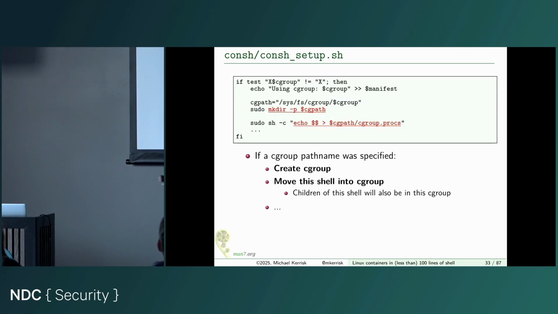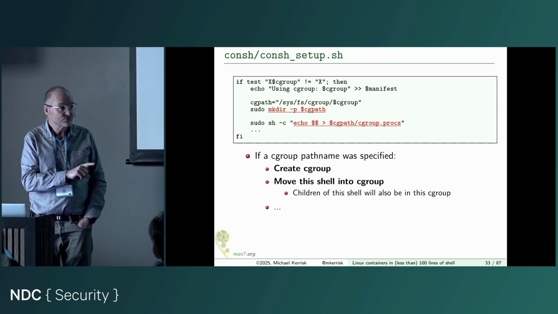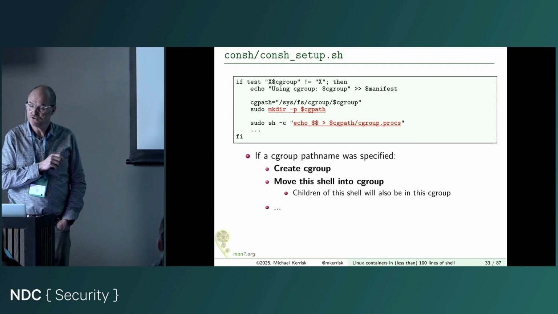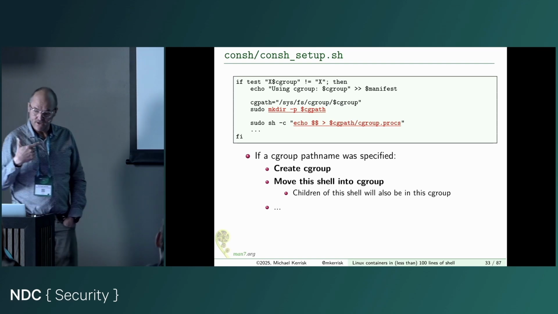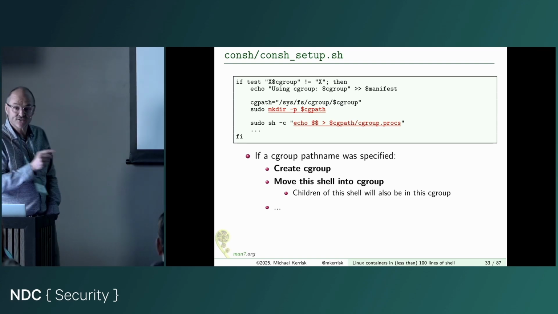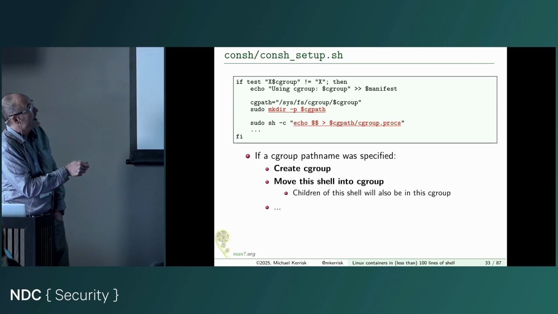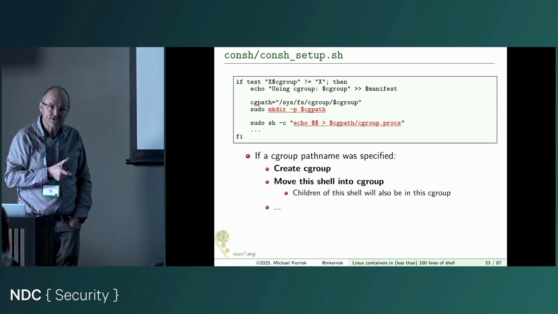Now, if I specified a Cgroup when I launched my script, then this variable here will be set, and so what I'm going to do is create a Cgroup that is going to be used by this container. My Cgroup path is sysfs Cgroup, that's the standard mount point for the Cgroup file system, and then whatever name I gave as an argument to my script.